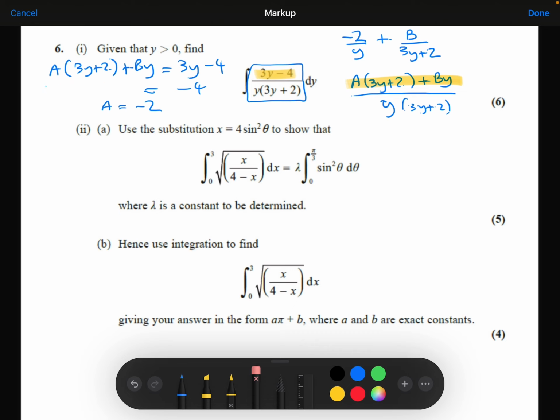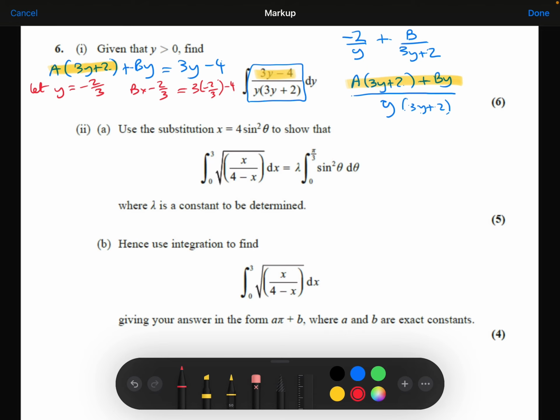Let's now work out what b is going to be. To do that, I'm going to let y equal minus 2/3, so that this term will disappear. So I get b times minus 2/3 equals 3 times minus 2/3 minus 4.